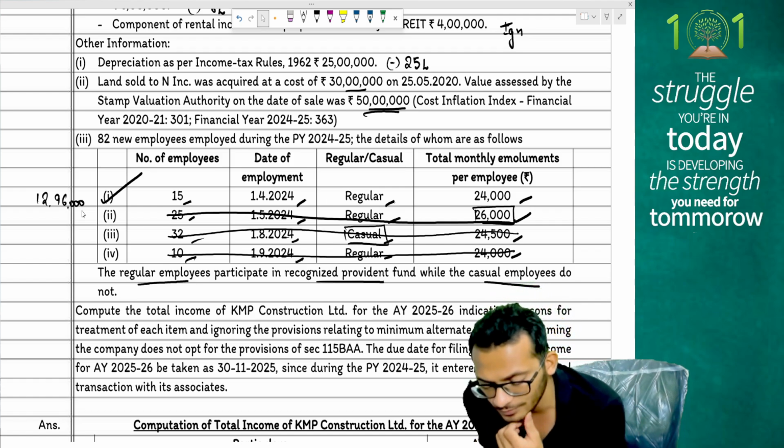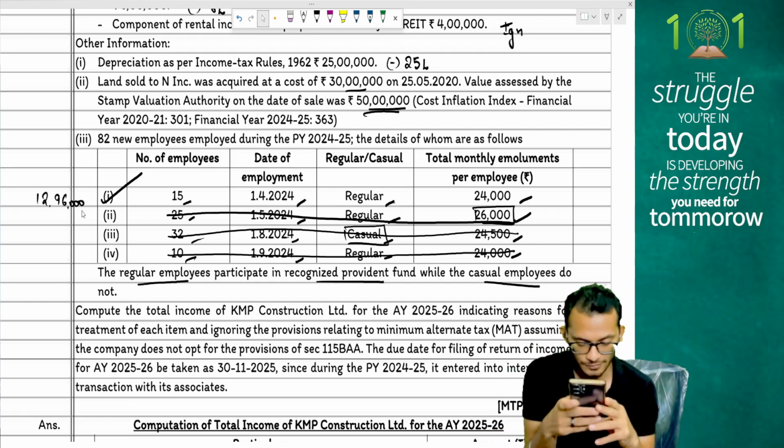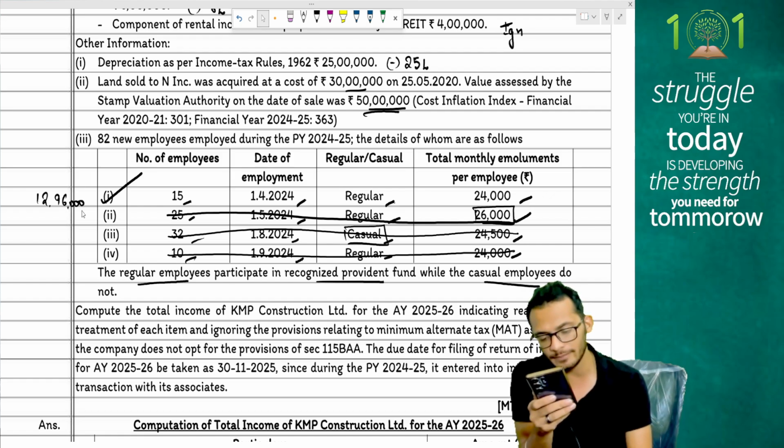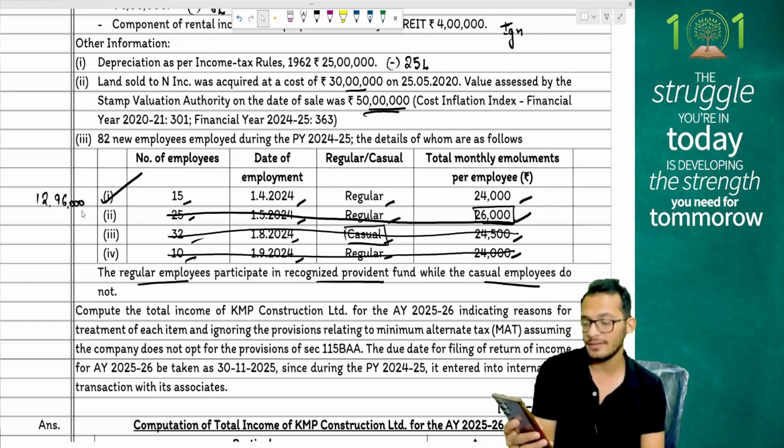Less chapter 6A deductions, under that section 80 JJAA, a number.